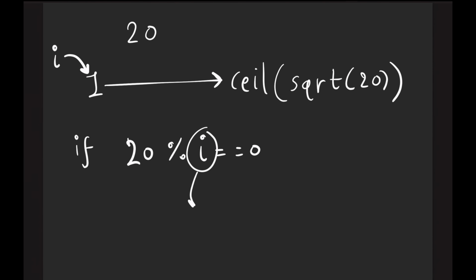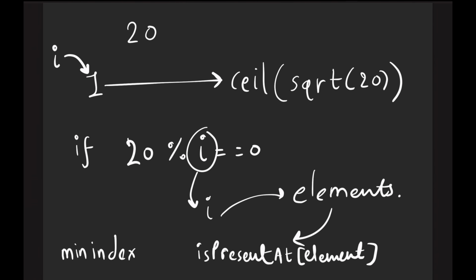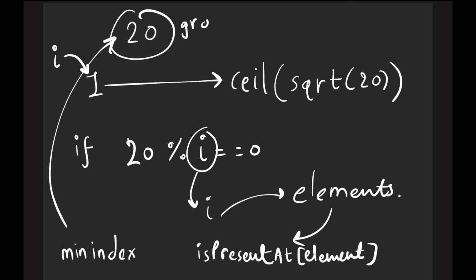We will check whether i is present in elements. If it is present, then we will find its index through is present at and assign it to the minimum index, and this we are going to assign to this particular group number.